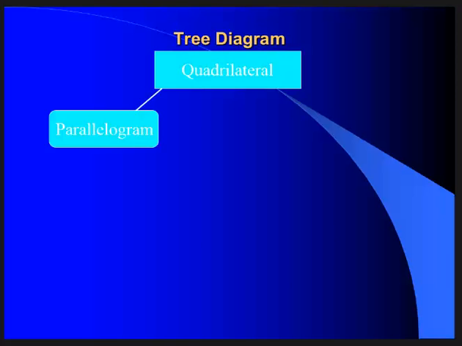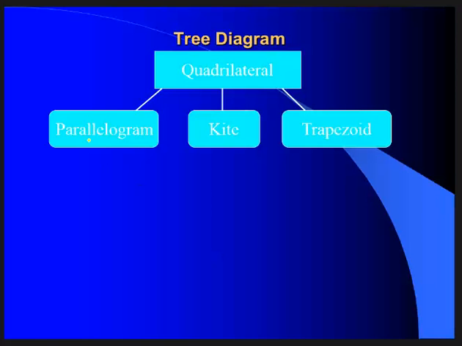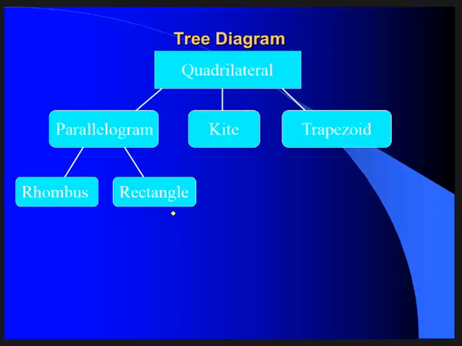We start off with quadrilaterals. Again, we have different kinds of quadrilaterals. We have the parallelogram, the kite, and the trapezoid. Parallelograms can be broken down into two different kinds, the rhombus and the rectangle.